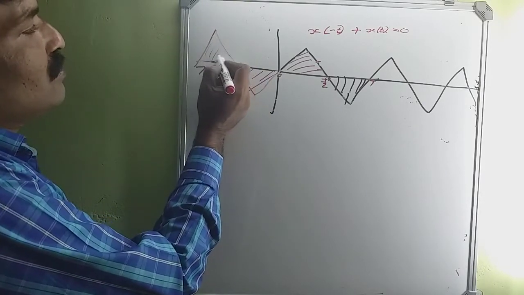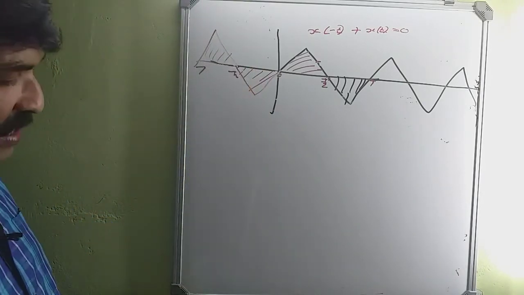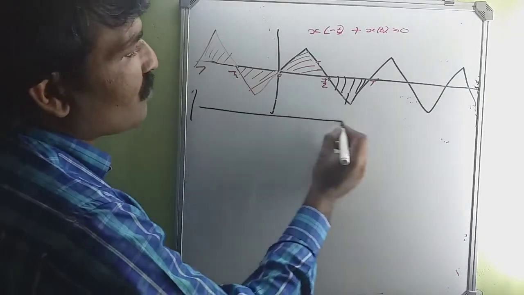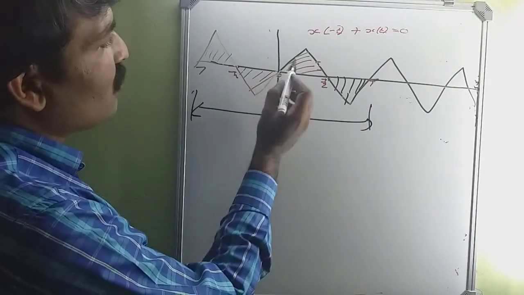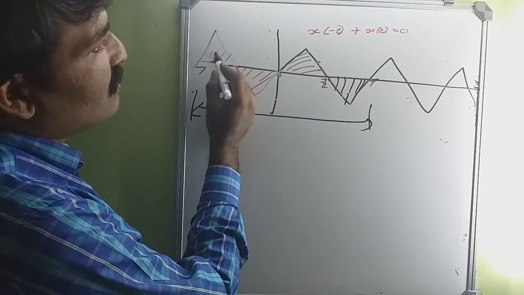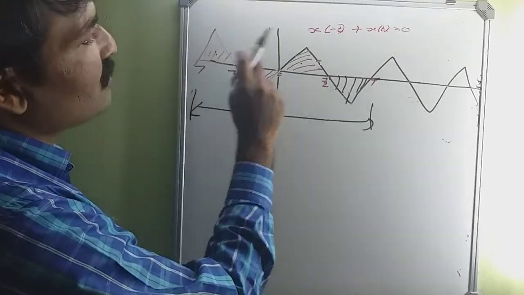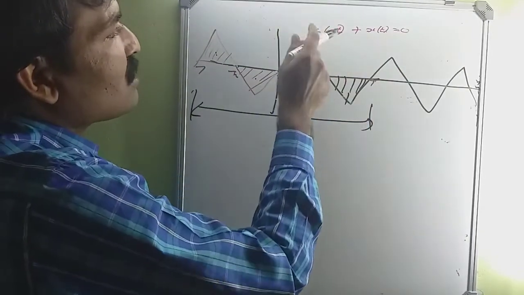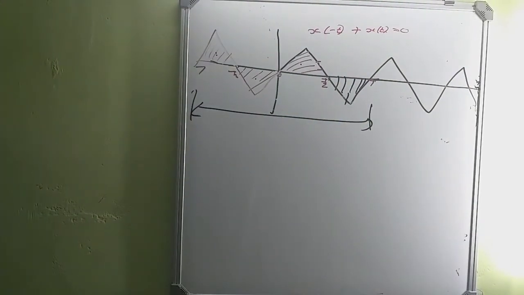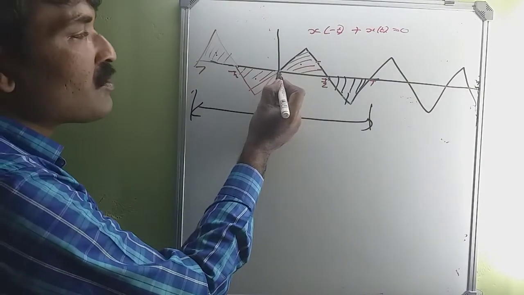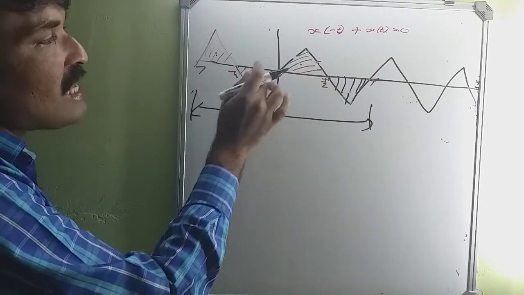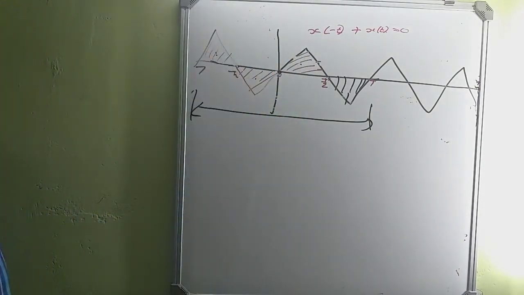So if we are considering a time duration of this much, the area of this plus this is equal to 0. So it should satisfy this condition. Right. That means it is always passing through the origin and is anti-symmetric with respect to the origin.